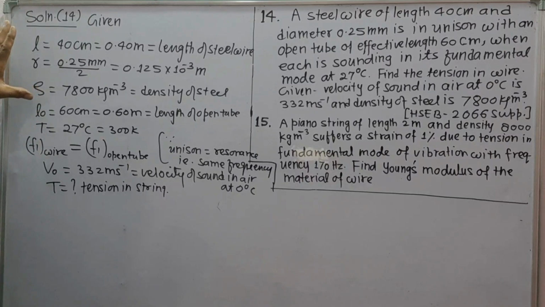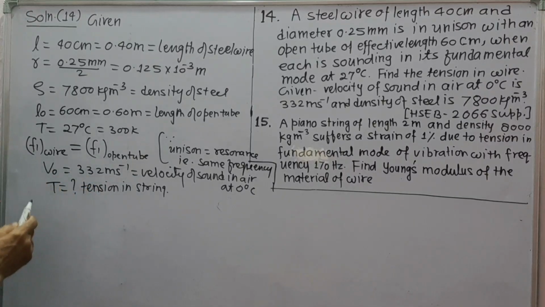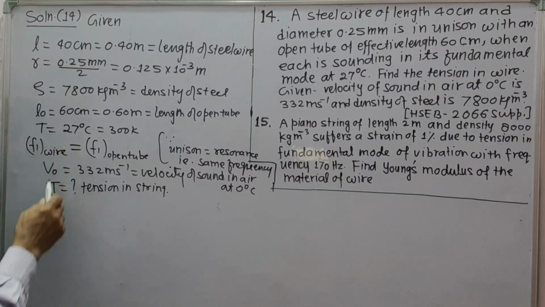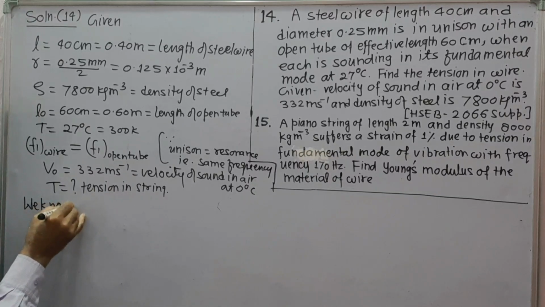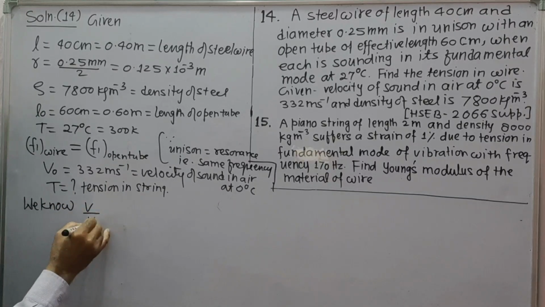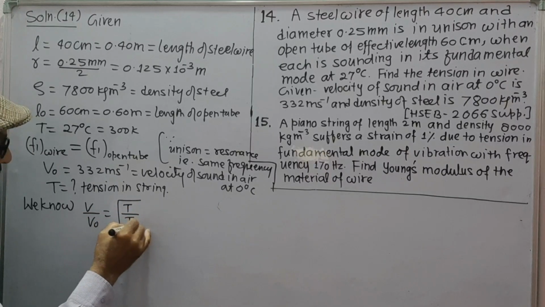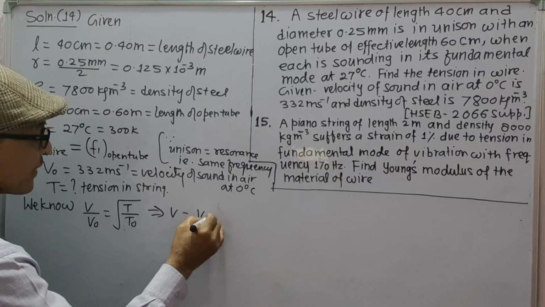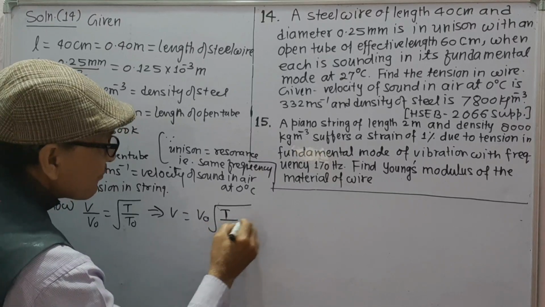Now, if V is the velocity of sound in air at temperature T, then we know V upon V naught will be equal to under root T upon T naught, which gives V as V naught under root T upon T naught.